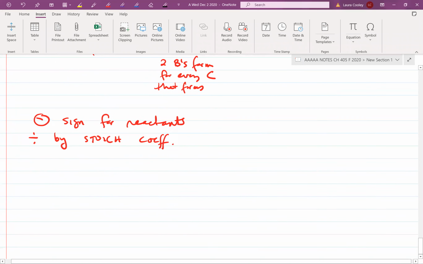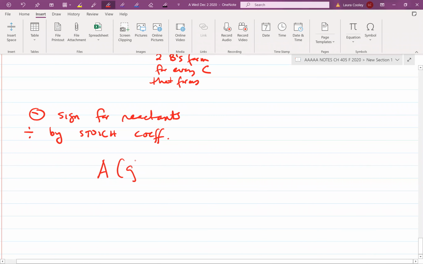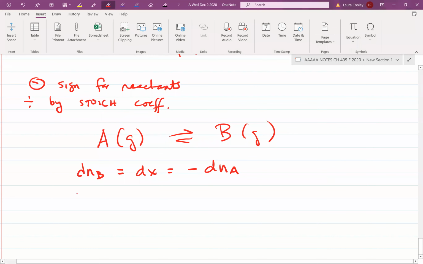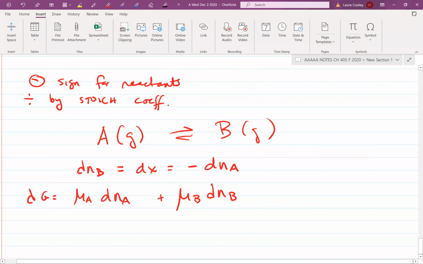So if we go back to the simple example that we're working on, and we say dNB equals dx, which is minus dNA, and we had mu A times the change in moles of A plus mu B times the change in moles of B is equal to dG, the change in the Gibbs function.